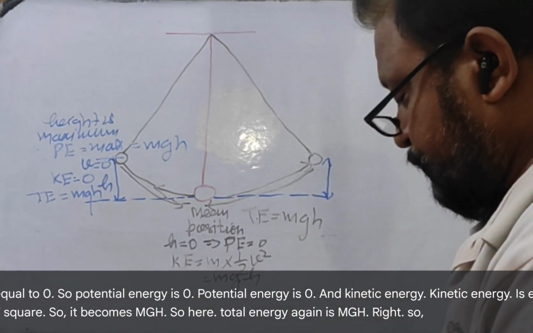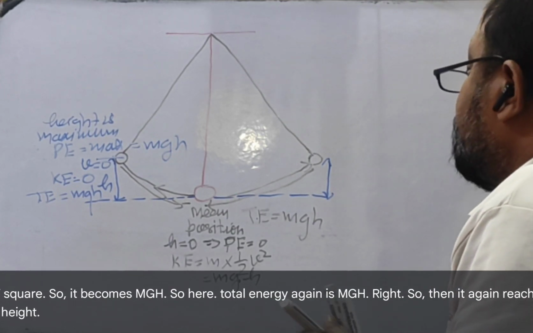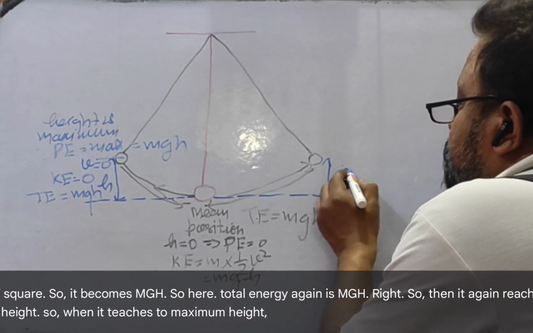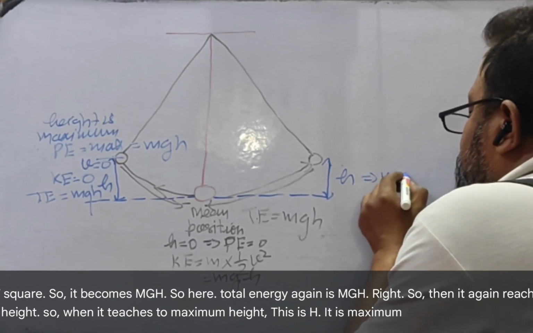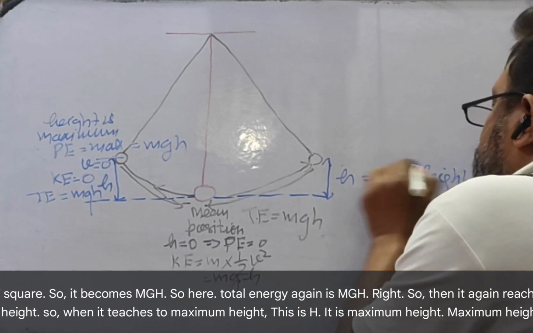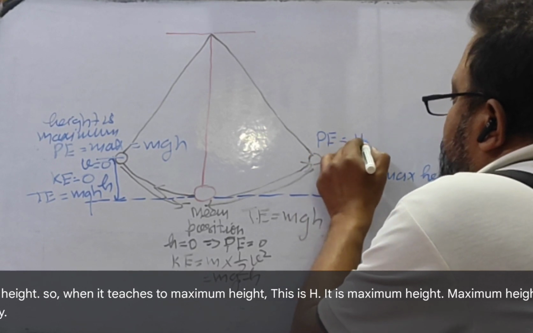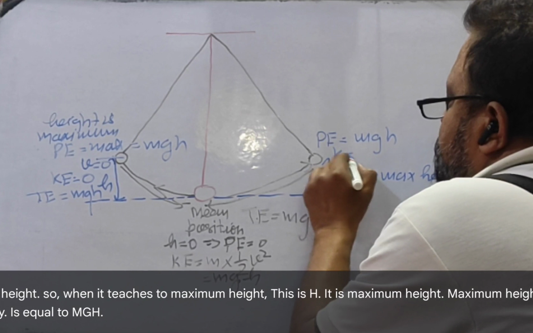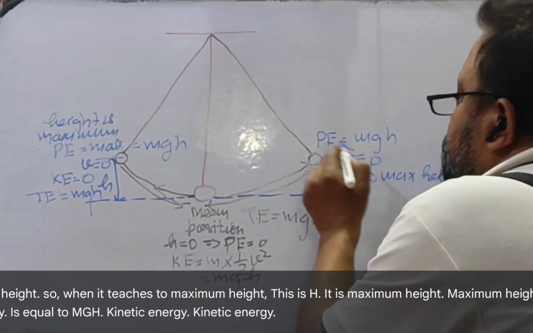So when it again reaches the maximum height, this is h, it is maximum height. So potential energy is equal to mgh, kinetic energy is equal to zero.